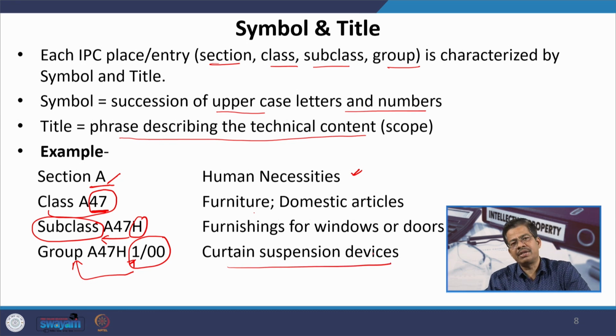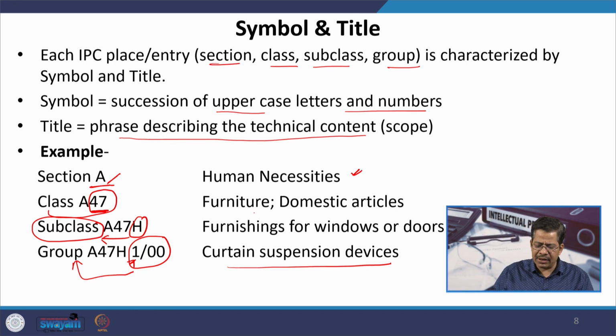So, basically you understand that this product is all about some curtain suspension device, where you are going to hold your curtains, and to classify that invention perfectly, it is A47H1/00, and everything has a particular meaning. And without actually reading the title of the patent, you can understand that this is a patent which is related to human needs, furniture and so on.